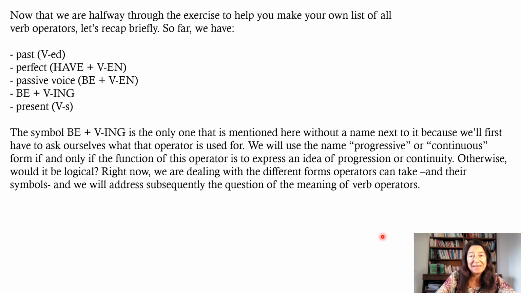Otherwise, it wouldn't make sense to use that name. So we will deal with the meaning expressed by the different tools later on in this work. Right now we're leaving it this way, and that gives you time to think about that question. Is the be plus VING form used to express the idea of something that is progressive or continuous?